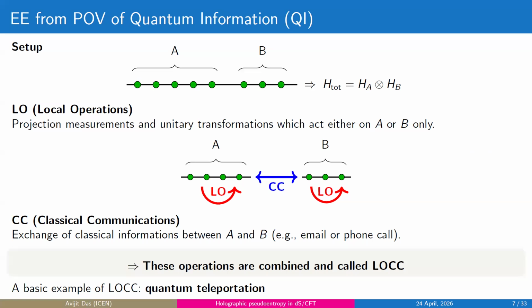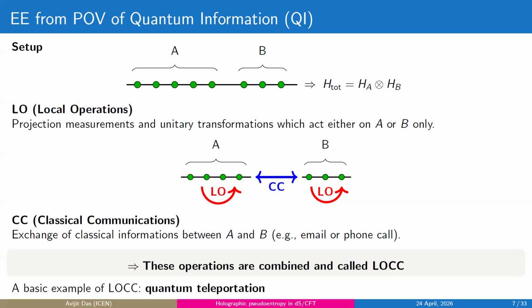In quantum mechanics, when we probe a system, we basically do measurement, because if you do quantum measurement, you can change the state of a system, or you can do other quantum mechanical operations, like operating with a gate. I am calling that a local operation, but it is only restricted to A or B. So you can do it part-wise, but you cannot extend between them.